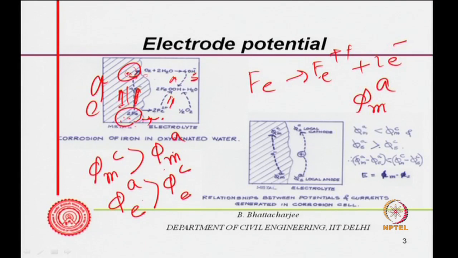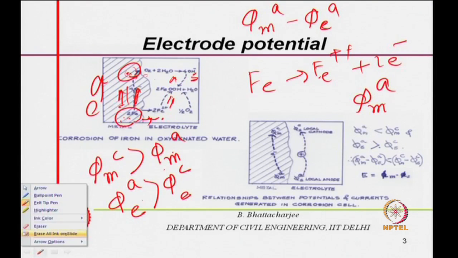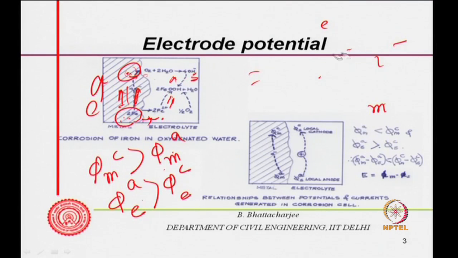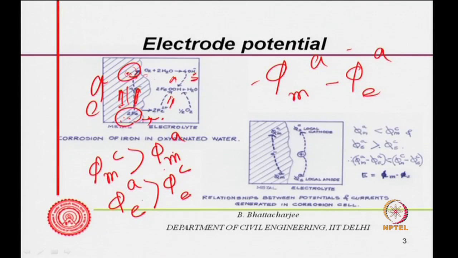Now, let me subtract the potentials. At the anode itself, find out the potential difference: phi metal anode minus phi electrolyte anode.